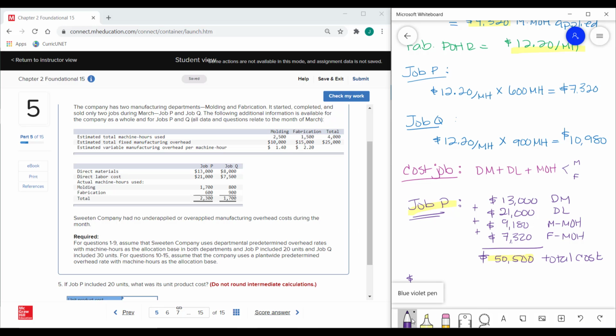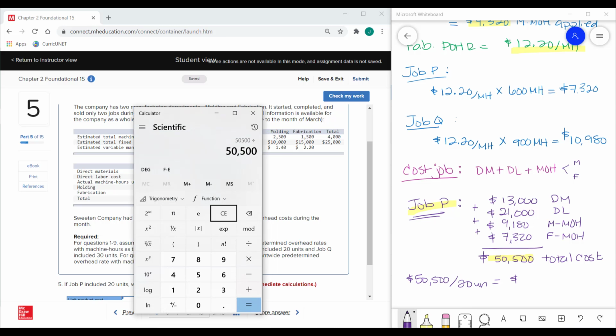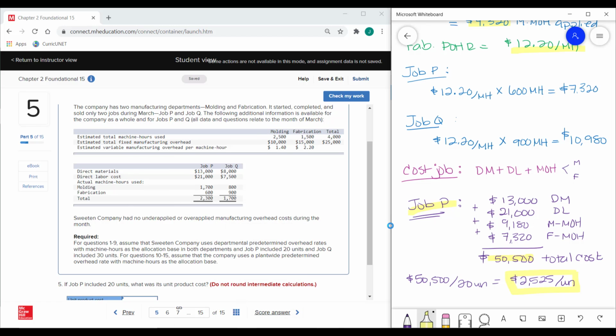So if the cost of the entire job is $50,500, we're going to divide that by 20 units to figure out what each unit individually cost us to make within that job. So that gives us $2,525. So that's, on average, the cost of making one unit within job P's specifications.